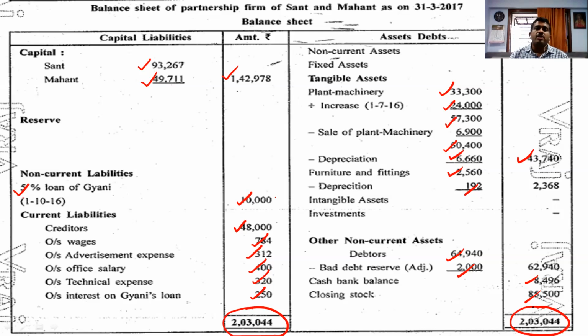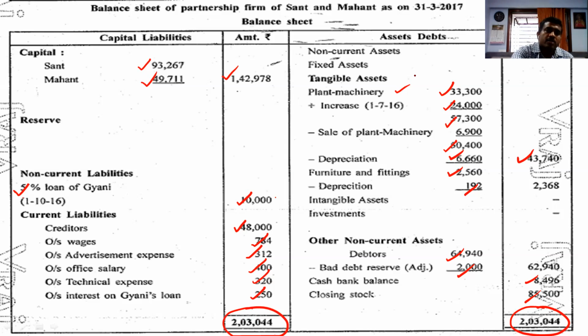In this particular sum, the most important part is plant and machinery. First, the selling value we have deducted, and the addition we have added, and then we have given the depreciation. Clear to you? That was the main point.